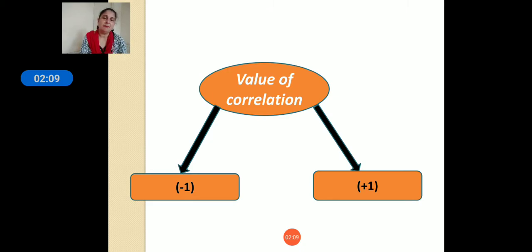In the same way, perfect positive correlation is +1, means both the variables are changing in the same direction. And if the same direction is there and the same proportion is there, if one is increasing by 10%, the other one will also increase by 10%. That is called perfect positive correlation. So the maximum and minimum values of correlation are +1 and -1.